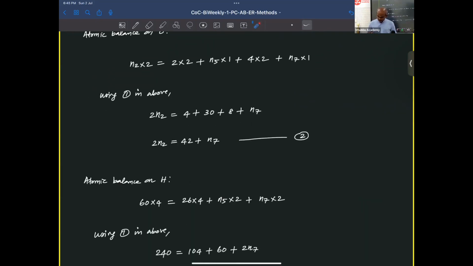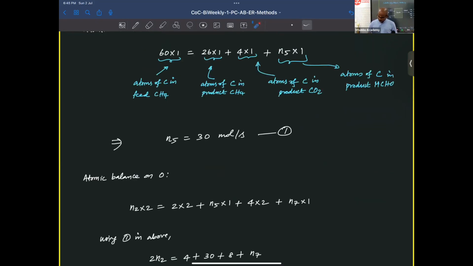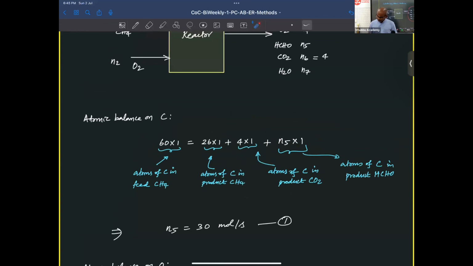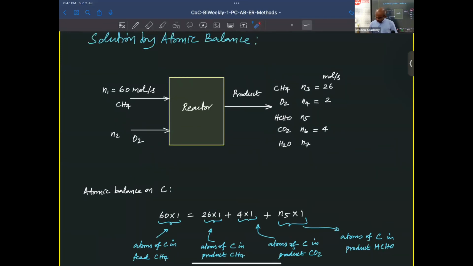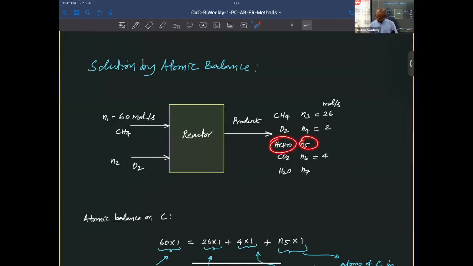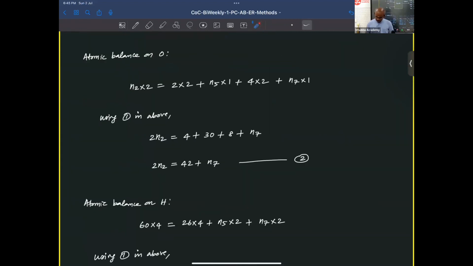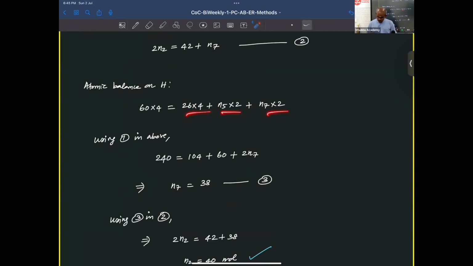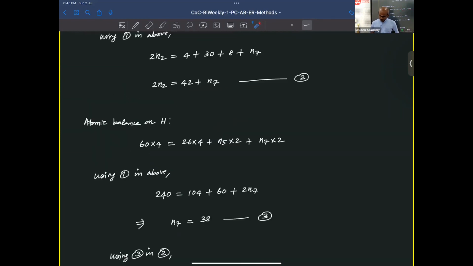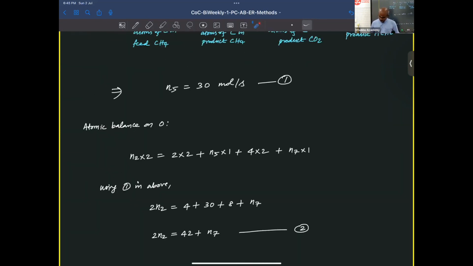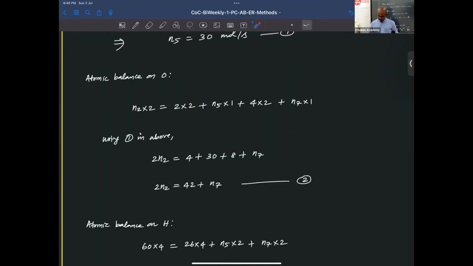Like that, we can also write the H in the outlet: 26 into 4, N5 into 2 and N7 into 2. Now again, the unknowns are N5 and N7. N5 we already have from the carbon balance. So substituting that, we directly get N7.